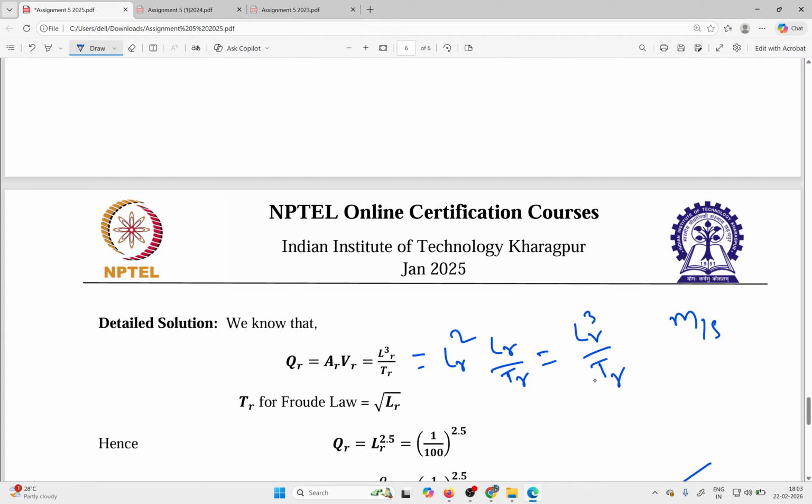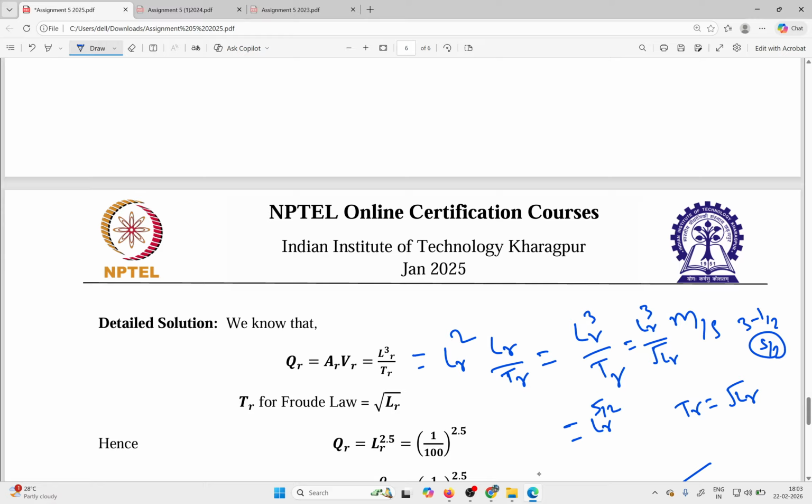So this will be LR cube divided by TR. And TR, from your Froude law, is nothing but root LR. So when you write LR cube divided by root LR, it means 3 minus 1 by 2, so again you will get 5 by 2. Finally you will get LR to the power 5 by 2.